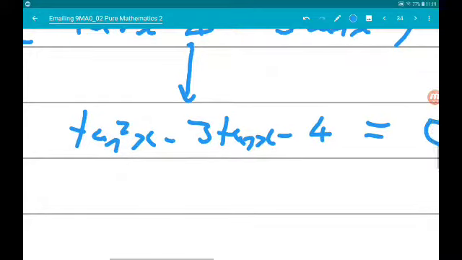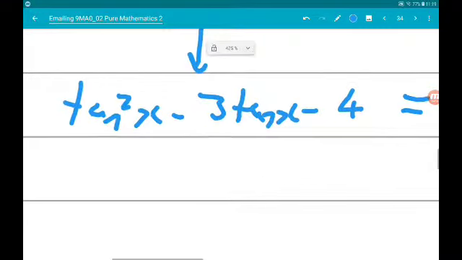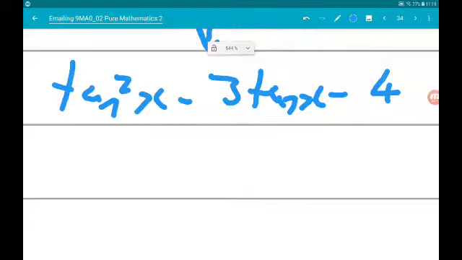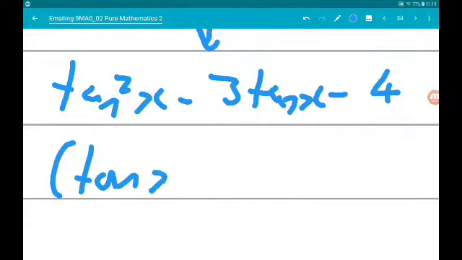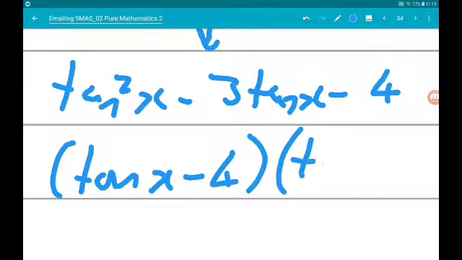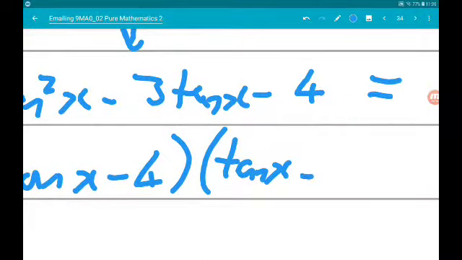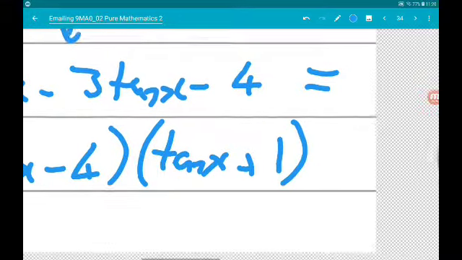So, hopefully we can factorise this. Yes, we can. So we get (tan x minus 4) times (tan x add 1) is equal to 0.